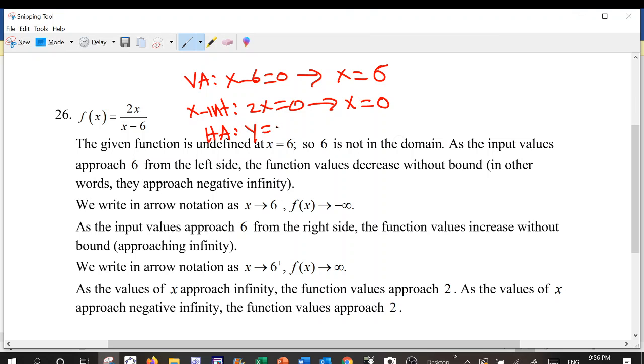Y equals what? 2 over 1, which is 2. Why? Because they have the same degrees. So horizontal asymptote is 2 divided by 1, the leading coefficient over the leading coefficient. Okay? And the y-intercept is, well, put 0 here, 0 here, you get 0. Right? Alright.